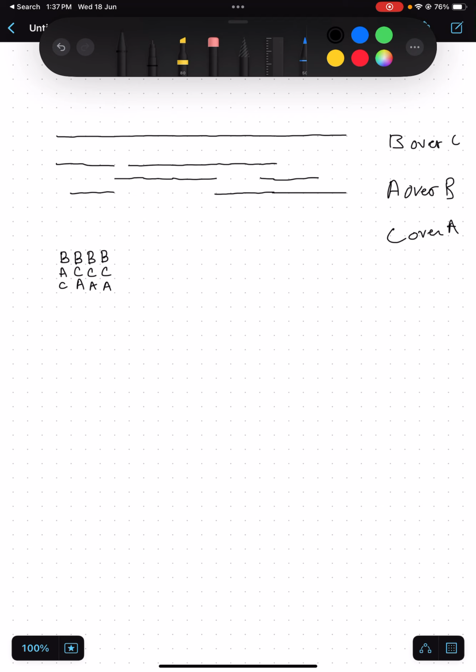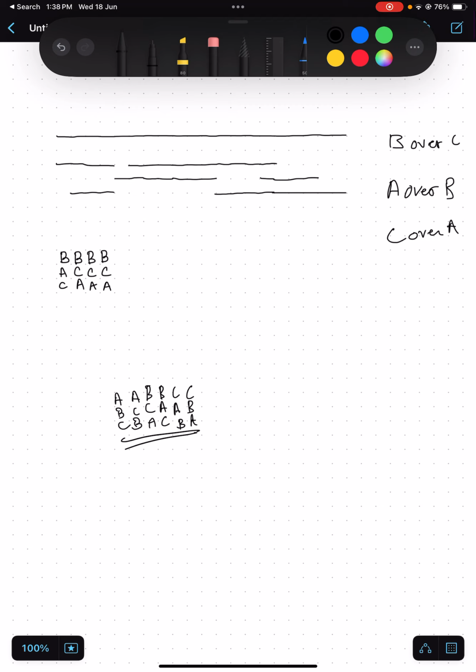So that means all 6 of the combinations, which are A, B, C; A, C, B; B, C, A; B, A, C; C, A, B; and C, B, A, must be present in at least one of the cases. So that's why this question becomes so much harder. Otherwise, this question was way easier.